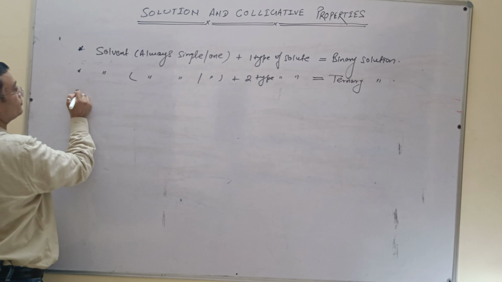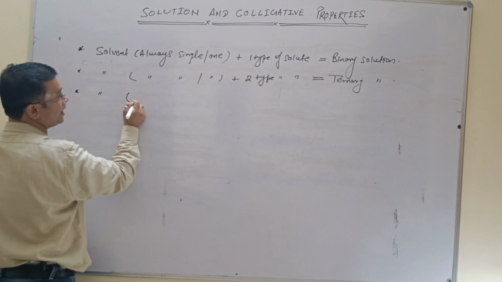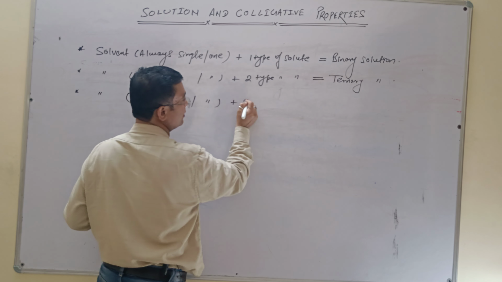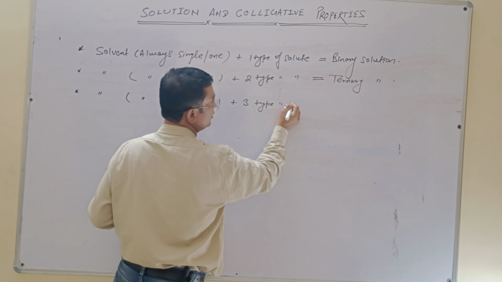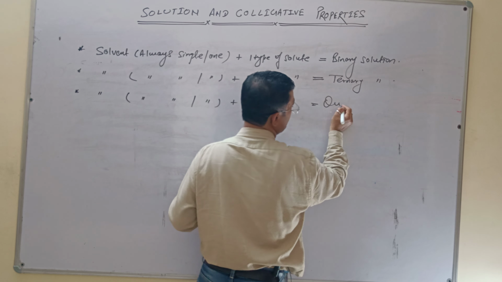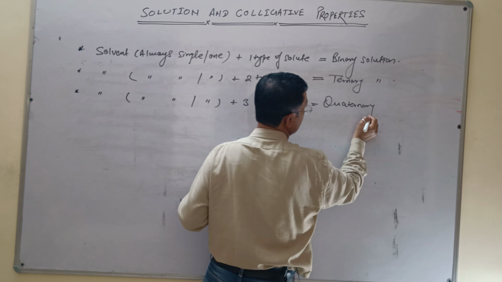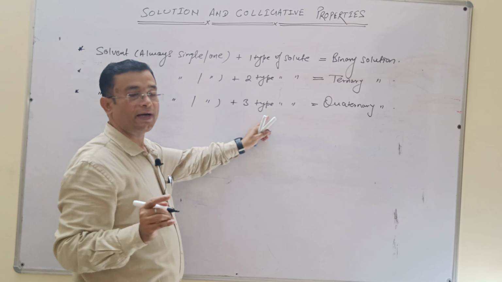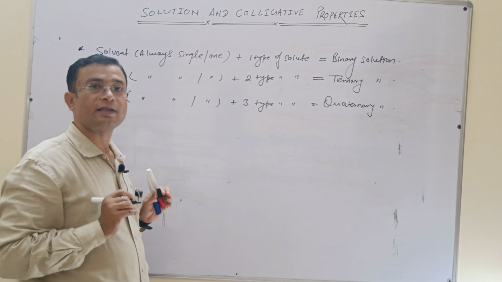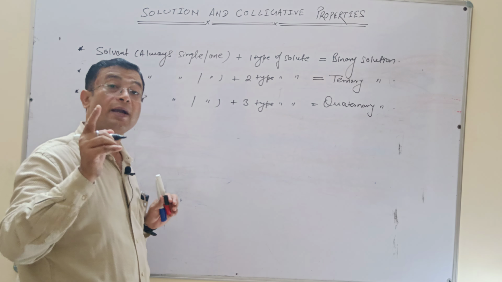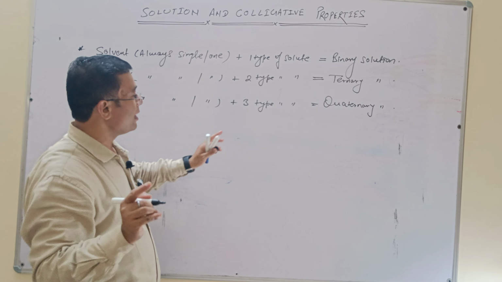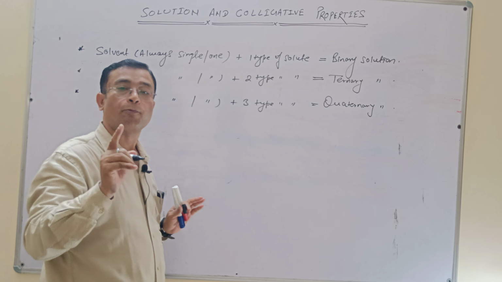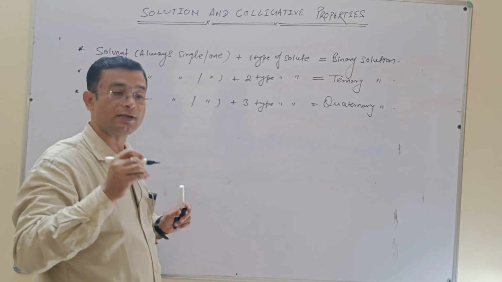In the same manner, the solvent is one component, and here three different types of solutes are present, then this is called a quaternary solution. If four different types of solutes are present in the solvent, then a total of five components are present in the solution, so this is called a pentanary solution. If there are five different types of solutes and one solvent, then the total is 6 components, and this is called a hexanary solution.